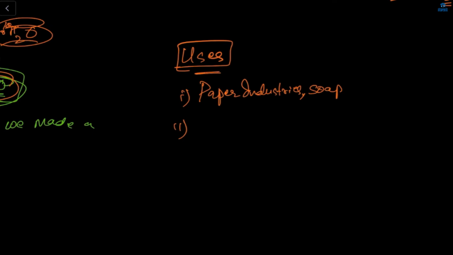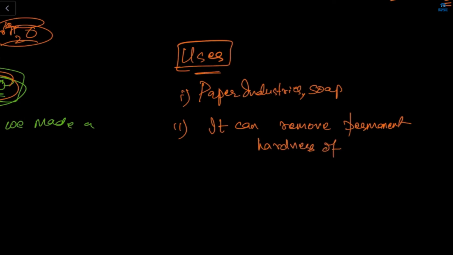Employed in the manufacture of sodium compounds such as borax, it can remove permanent hardness of water. Permanent hardness of water means dirt or grease, and with the help of this, we remove these kinds of dirt from our clothes.